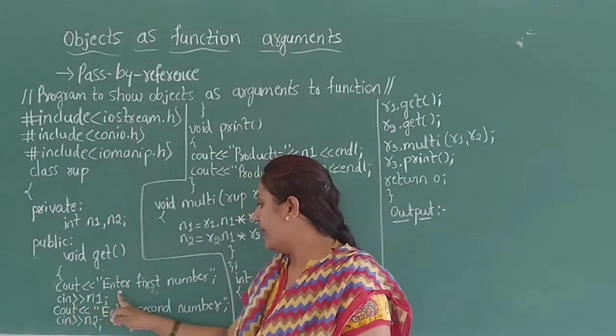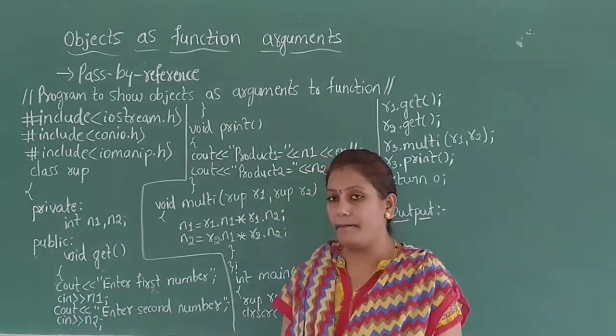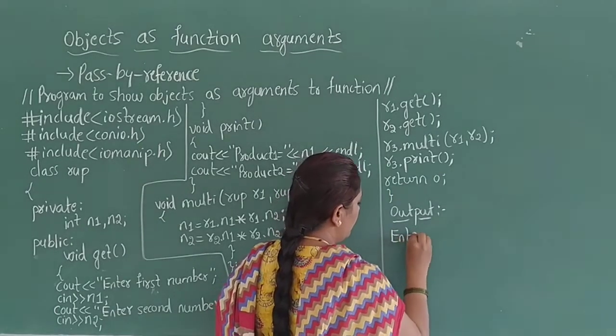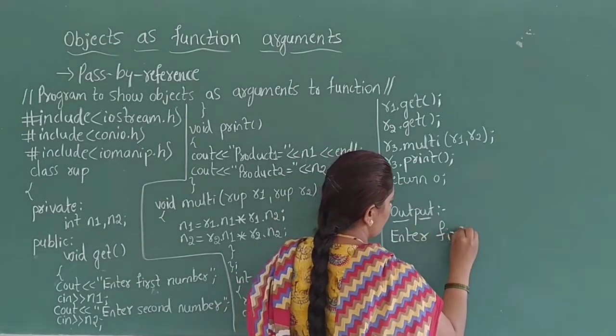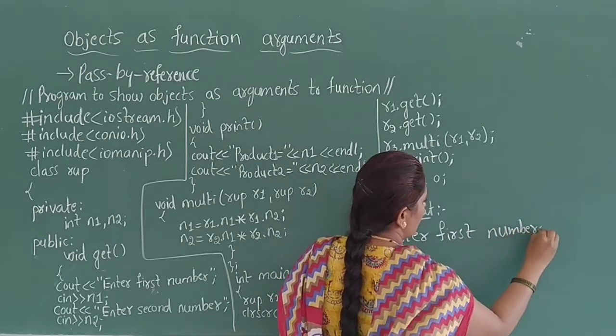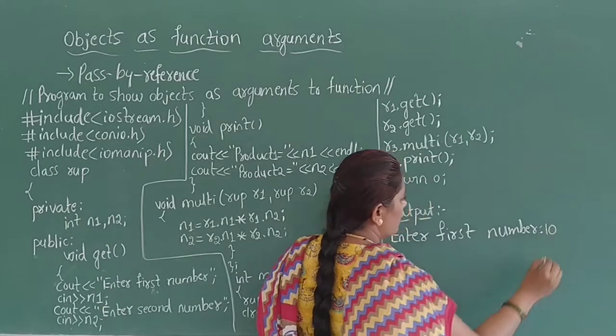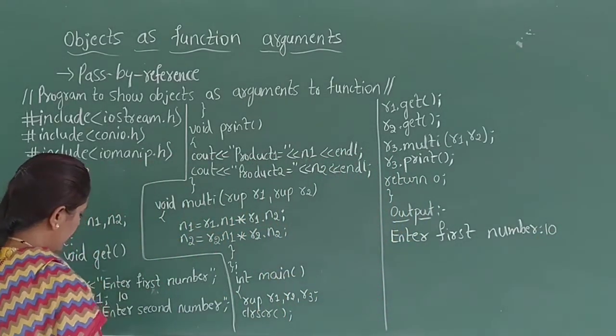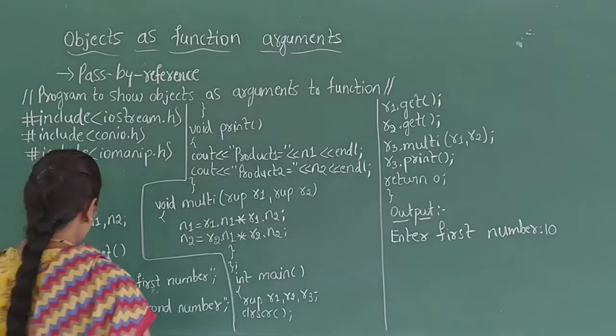The cout statement first executes: enter first number. Suppose you enter the first number 10, then the N1 value is given as 10.